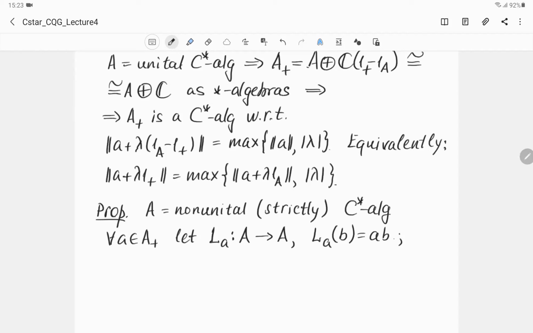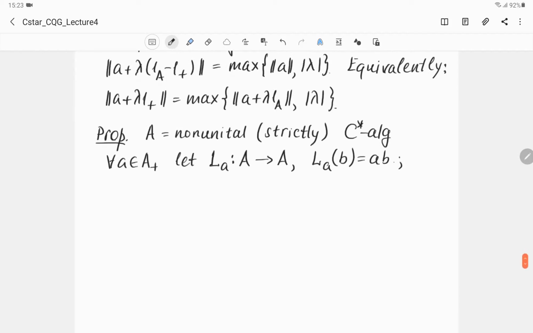And we define a norm on A plus as follows. We define it to be the operator norm of the multiplication operator LA. So explicitly, this is the supremum of the norms of AB, where B runs over the closed unit ball of A.